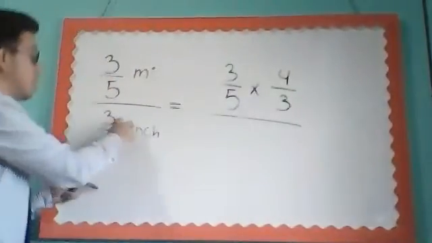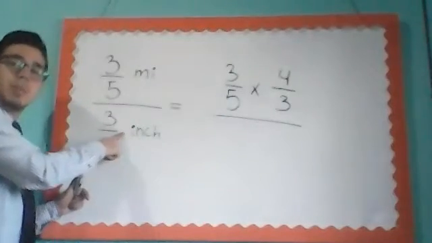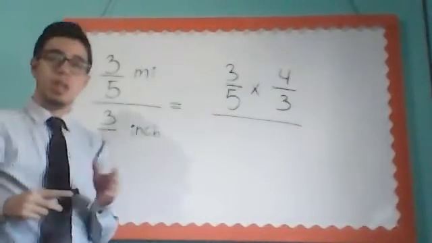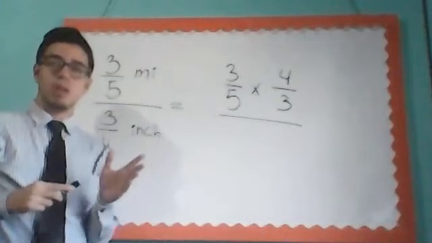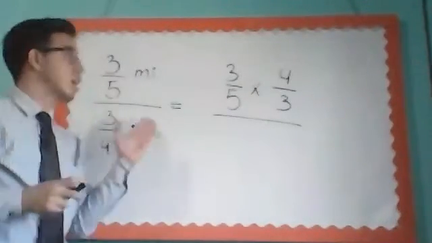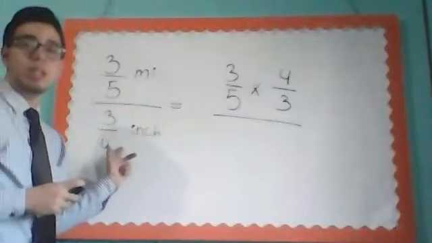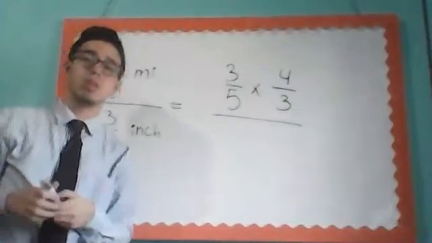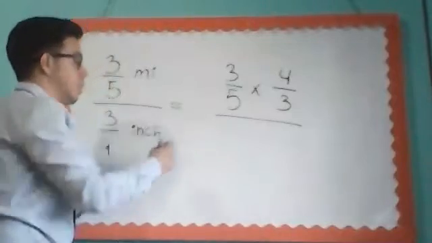And remember, we need to multiply here by the same number we multiplied on the top. I always tell you, if you multiply one number of the fraction, for example the numerator, you need to multiply the denominator too.